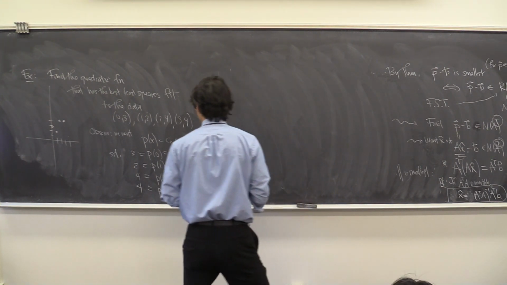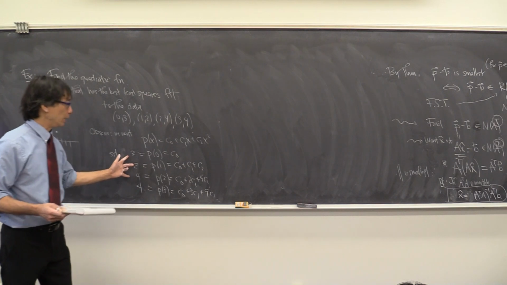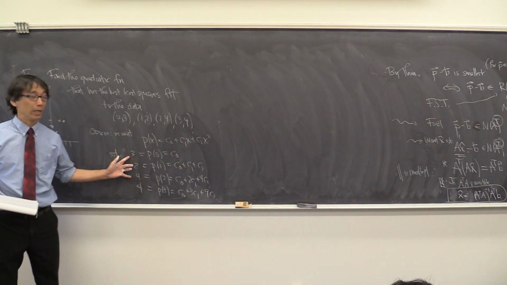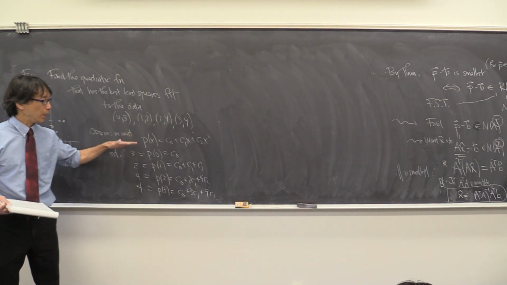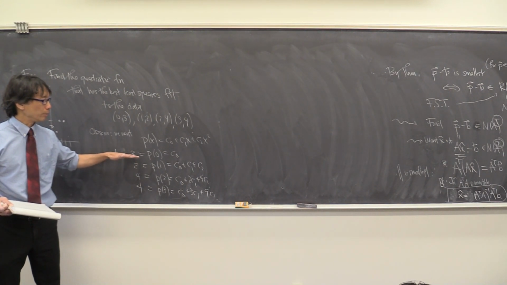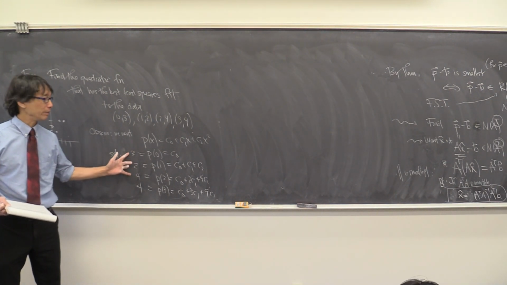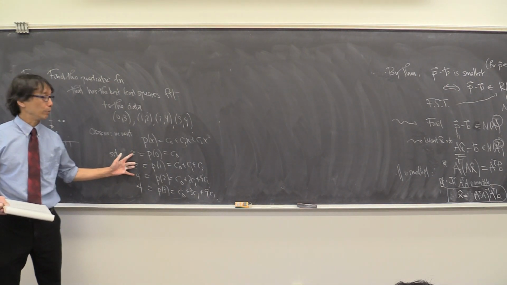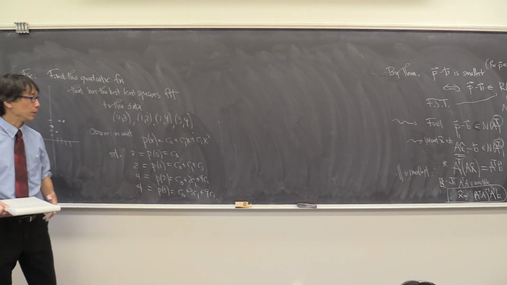So this is the problem. We have 4 equations and 3 unknowns. It's overdetermined.